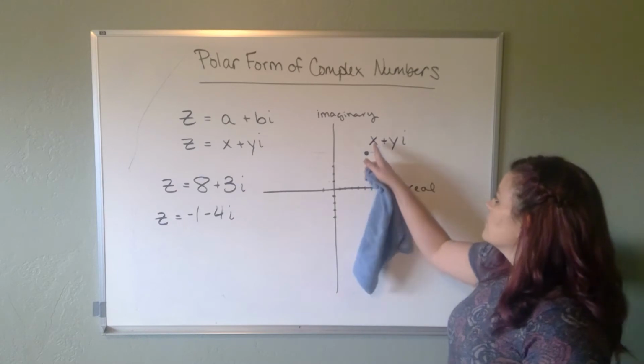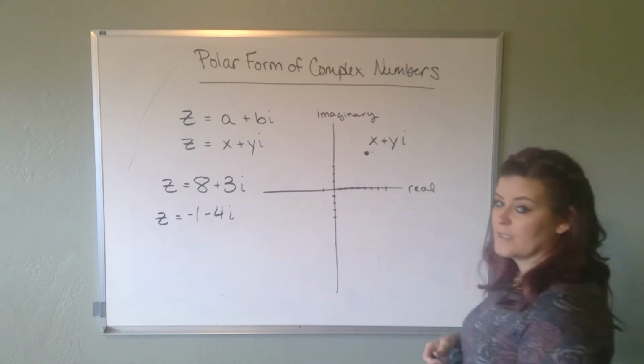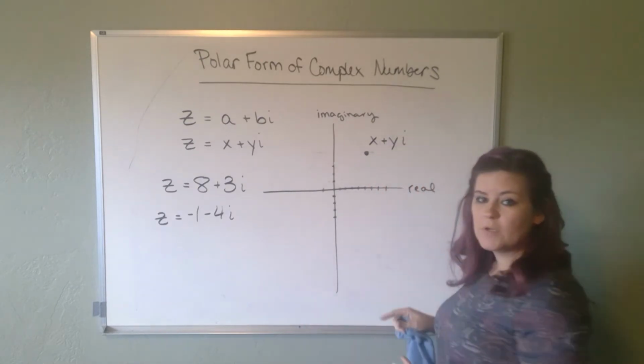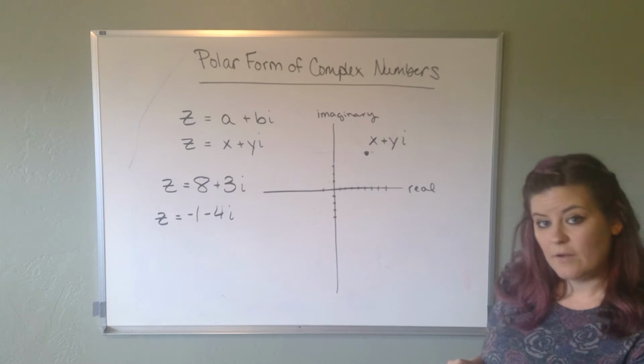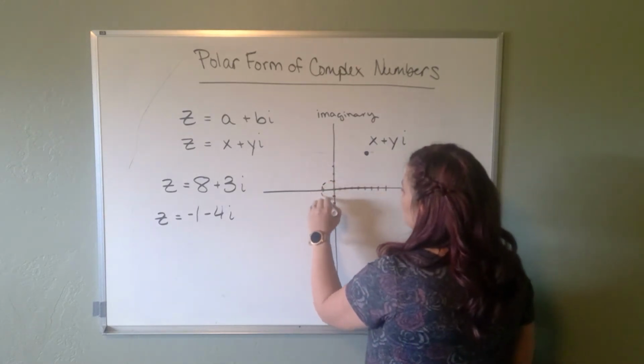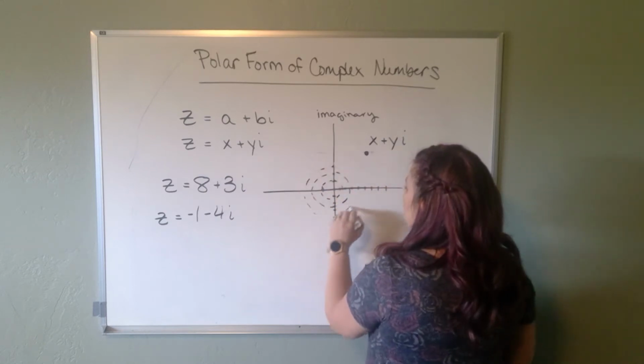Obviously the rectangular values here tell us where it is on the rectangular complex plane. But on the polar plane, remember r and theta are the coordinates we're looking at. So you guys, let's talk about r. Remember on the polar plane, it has all these circles.